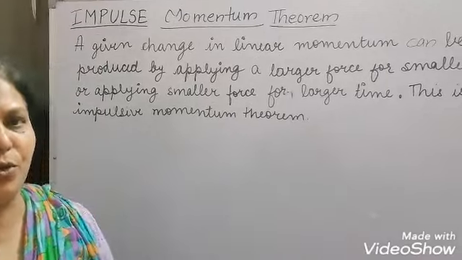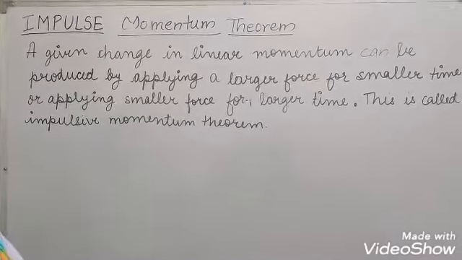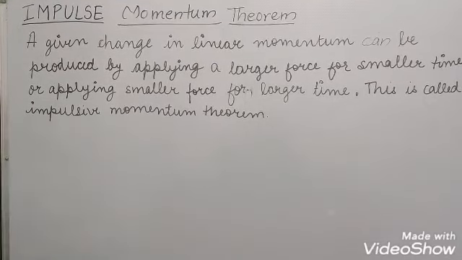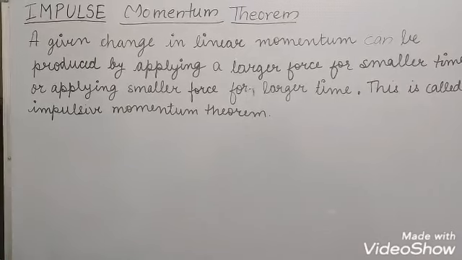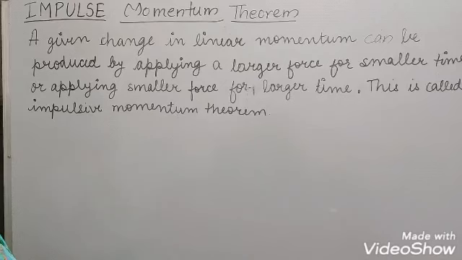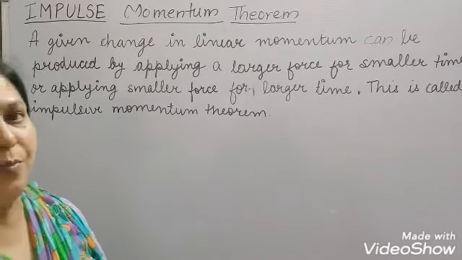Impulse momentum theorem. See the statement. A given change in linear momentum can be produced by applying a larger force for a smaller time, or applying a smaller force for a larger time. This is called the impulse momentum theorem.